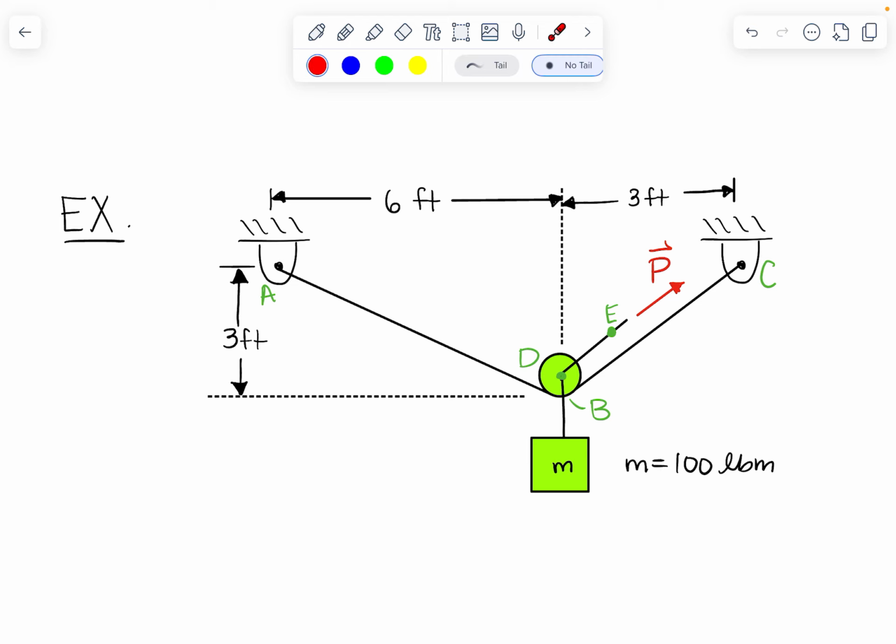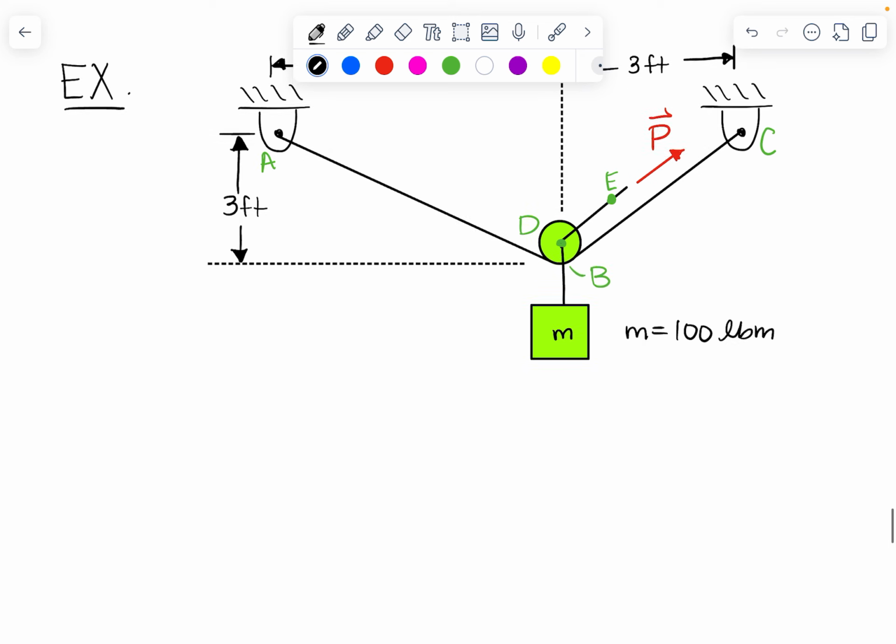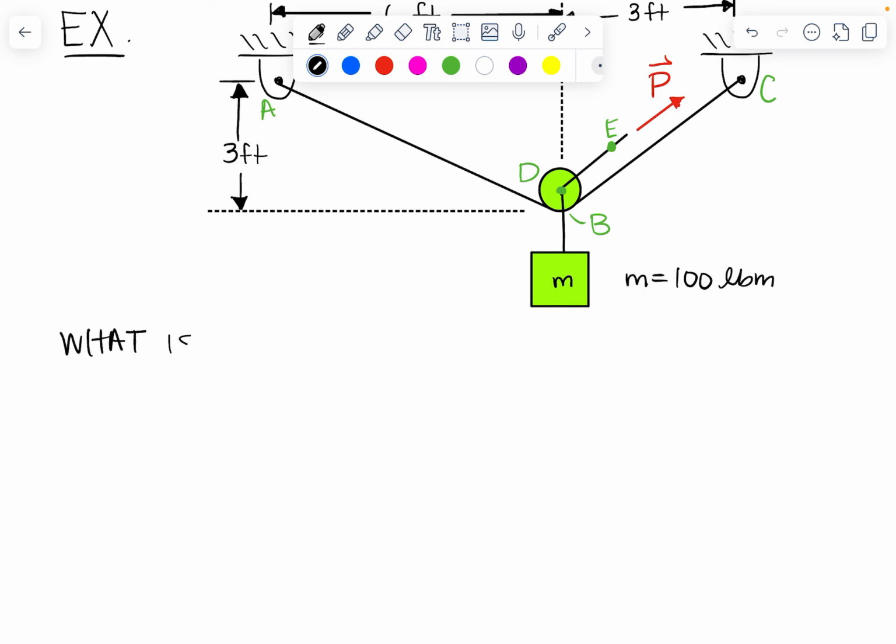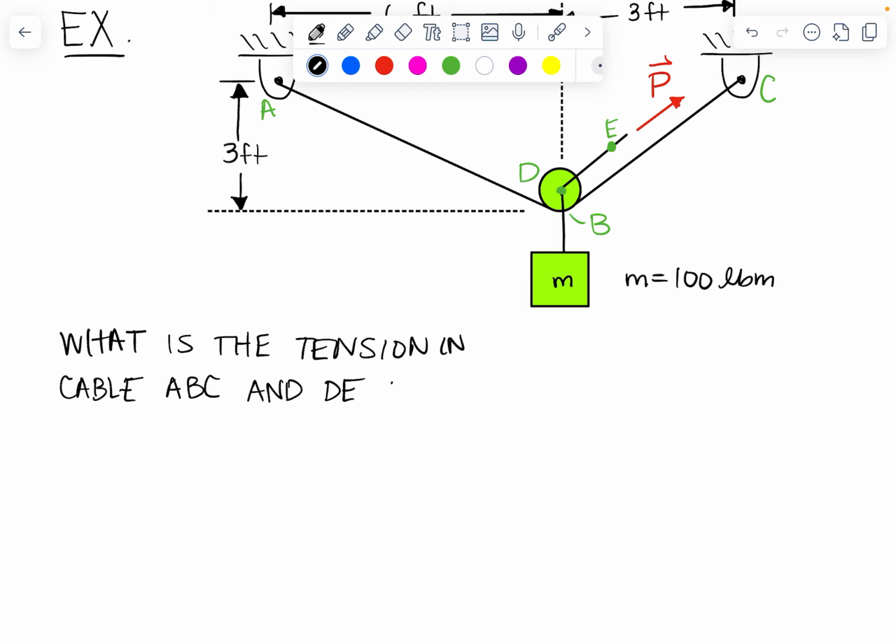This is mass M. And our pulley D here is resting on this cable, the ABC cable, and there's another cable, this DE, that's being pulled on with force P. And the question here is, what is the tension in cable ABC and DE to keep the system in equilibrium?